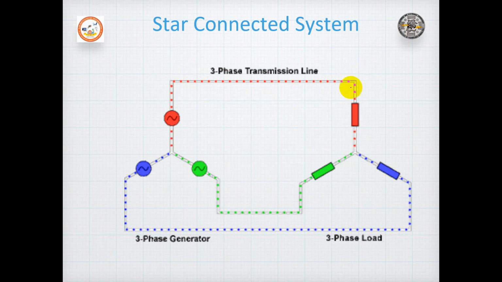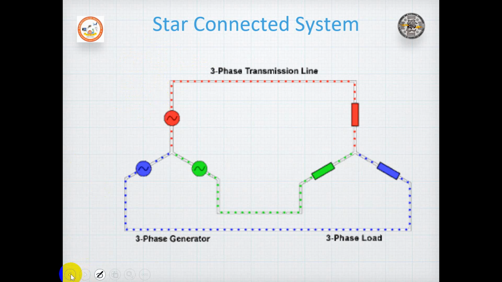So this is the load. You can connect the load either in star or in delta. We will be discussing the load connected in star and in delta, or the generator connected in star or in delta. Normally a supply system will always be connected in star form.